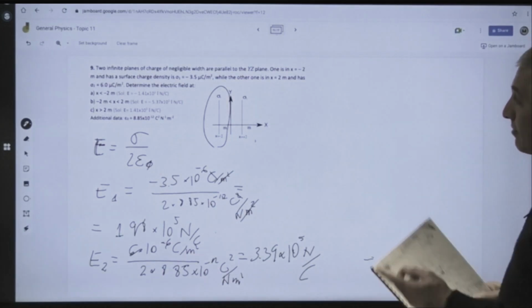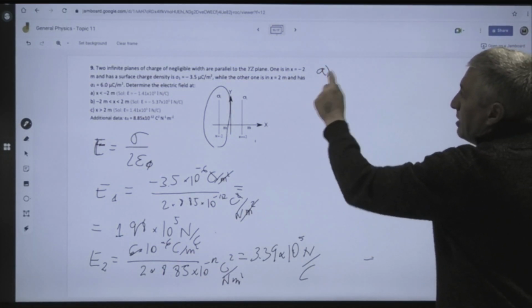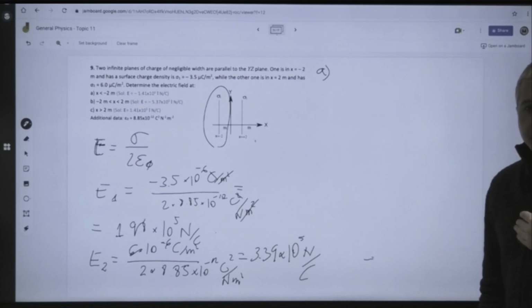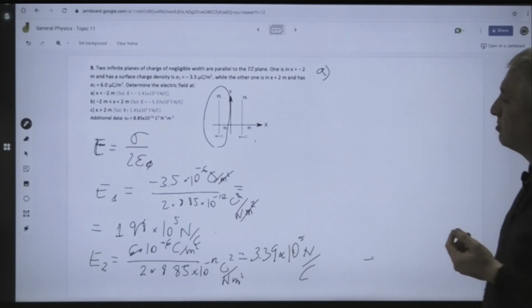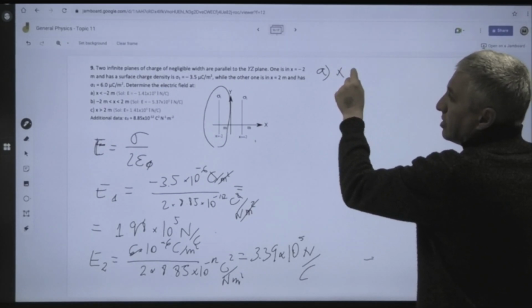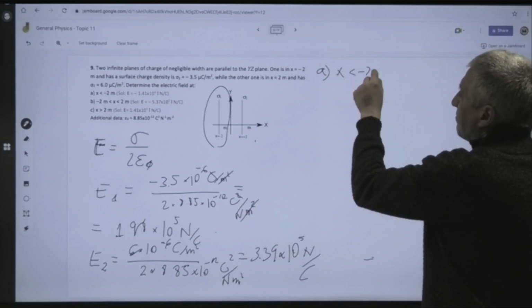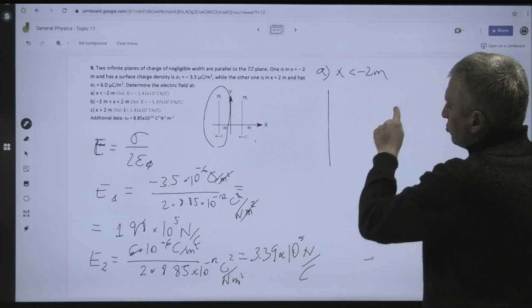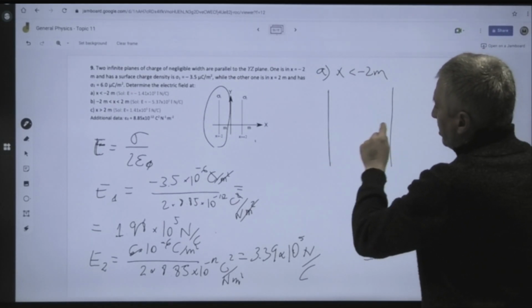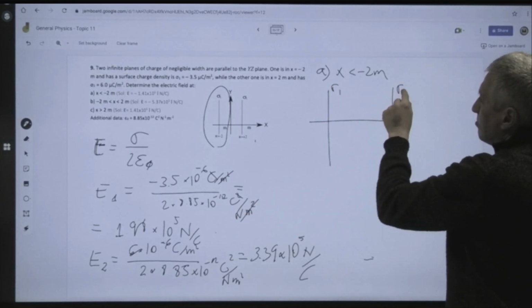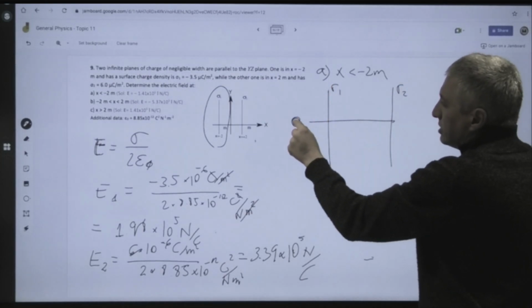Now, for the different sections, A, B, and C, we are asked to compute this at different sides of the two surfaces. For x to the left of -2, we have to plot here. This is sigma 1, this is sigma 2. We have to compute it here, right, on this side.